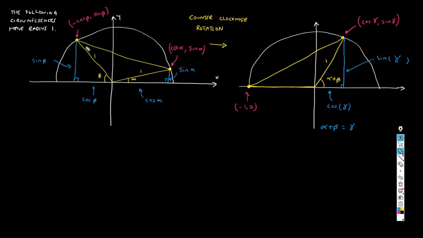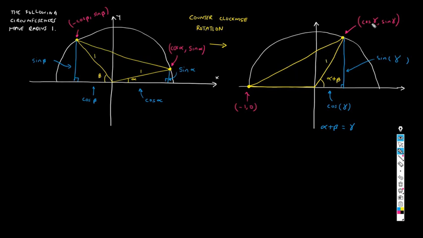Now, how can I get the measurement or the length of this side? Well, we have the coordinates of its two extreme points, this one and this one. And if we get the distance from this point to this point, then that's going to be the length of this side. And the same with this one, right?